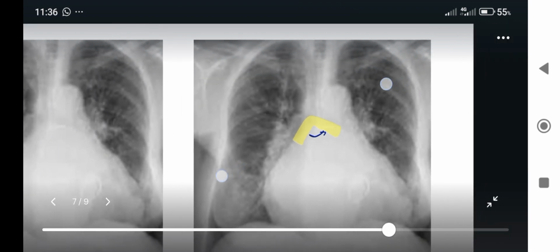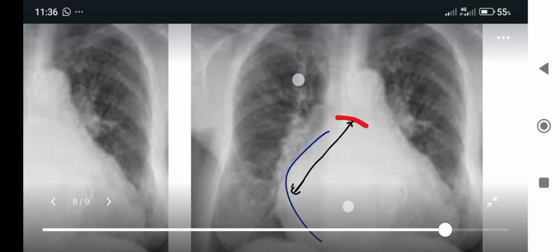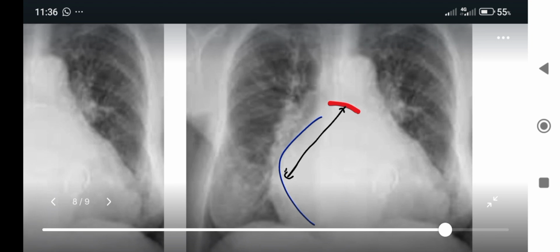It's up to 90 degrees. You see the line I was telling you about. You measure from the midpoint of the right border of the left arterial chamber, this convex line, the midpoint.